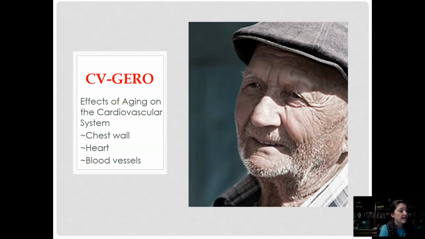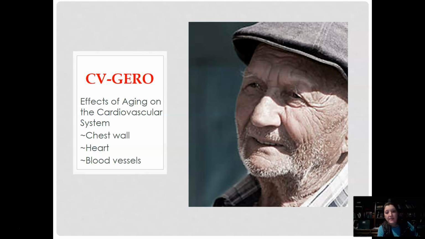Remember that older adults are going to see changes. Their risk of cardiovascular disease, and death from cardiovascular disease, increases, especially once you hit 65. A lot of older adults are going to have coronary artery disease. They've had more time for that to develop.